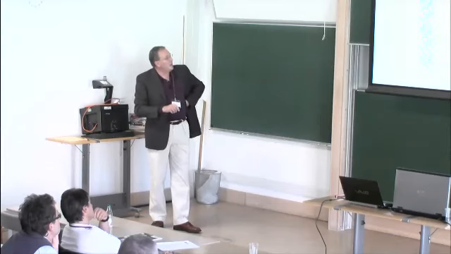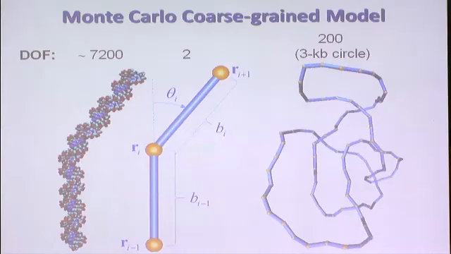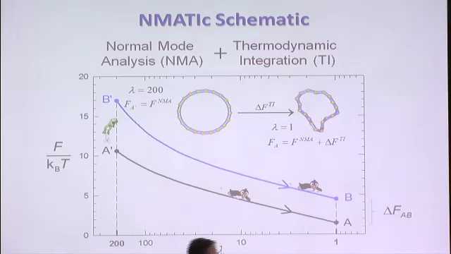This is about 60 base pairs of DNA, which we model as two rigid segments connected by a semi-flexible joint. This model has about 7,200 degrees of freedom. This has about 2 degrees of freedom. And for a 3 kb circle, you have about 200 degrees of freedom overall. So that makes the problem much easier.